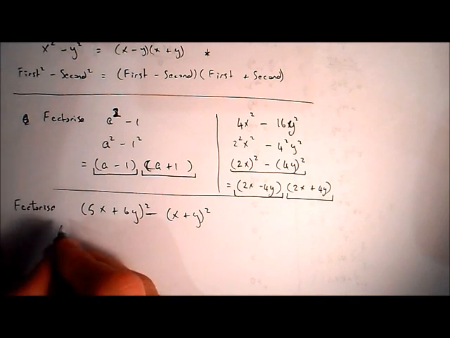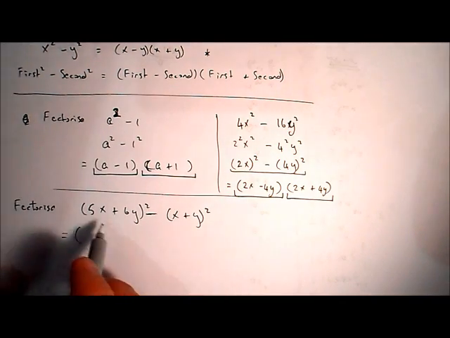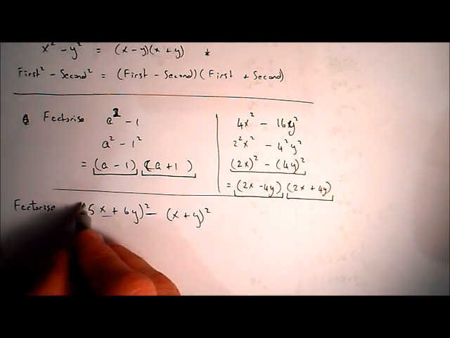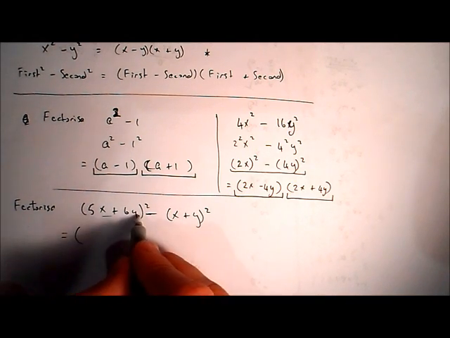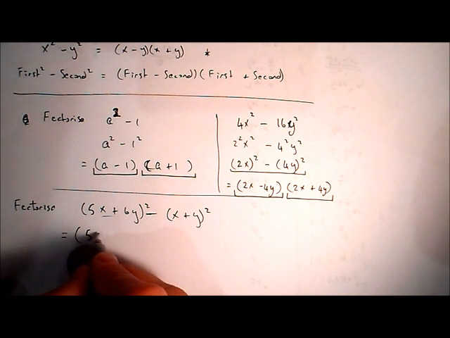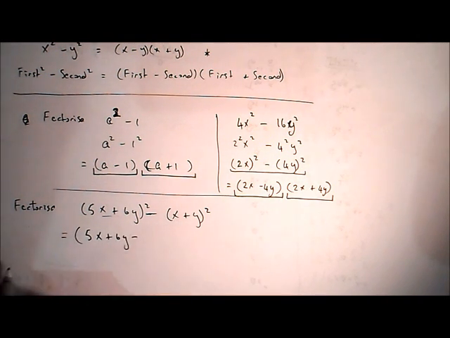All I have to do to factorize it is write first minus second. The first is 5x plus 6y. I know there's two things in there, but it doesn't matter because it's all of this squared minus all of this squared. So first minus second: 5x plus 6y minus, and the second is x plus y.